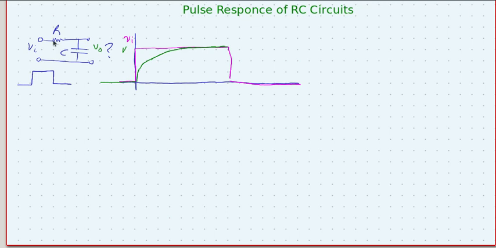Therefore, now the resistor will have a voltage V, but in the opposite direction, and hence the current starts flowing in the opposite direction, which allows the capacitor to discharge, and the discharge takes place.